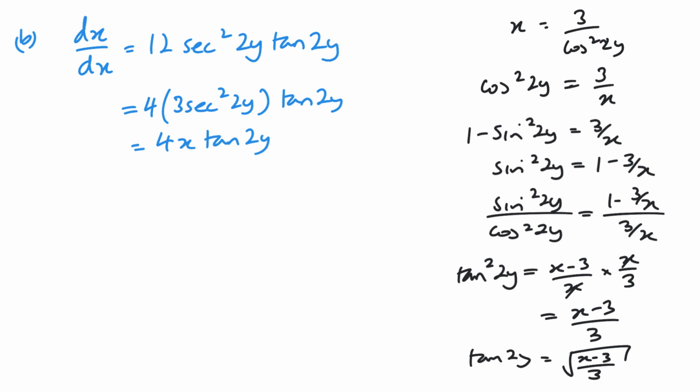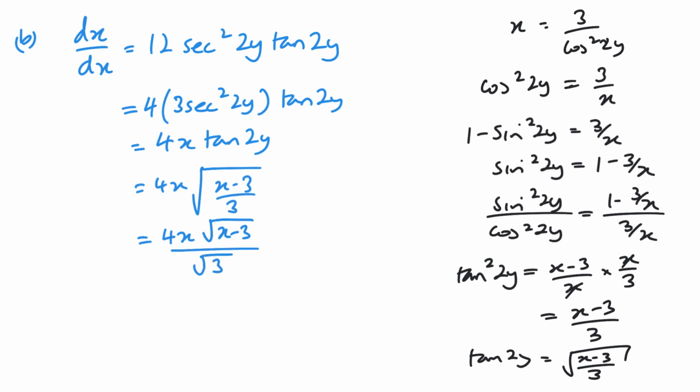So substituting that in up here, I get 4x square root x minus 3 over 3. And now we're pretty much there. Okay, now I'm going to separate this out. So I've got 4x root x minus 3 over root 3. And that's because it's in a very similar form to what I want now, and I know that p is irrational.